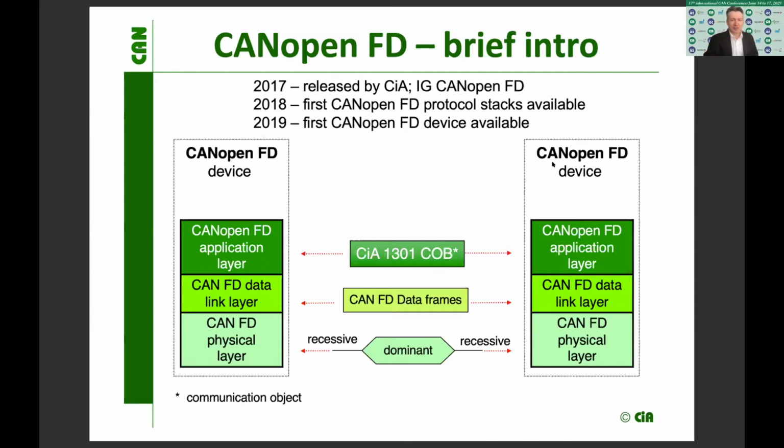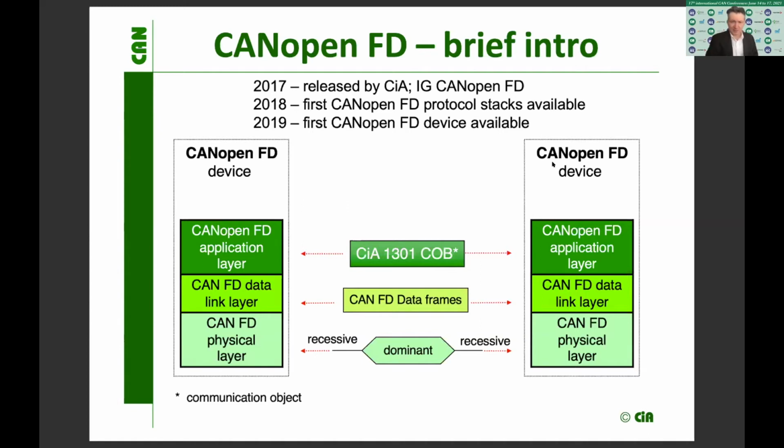But the point of this slide, for example, is to say that CAN FD is the underlying data link layer used by CANopen FD, which has some big additional advantages over classical CAN.